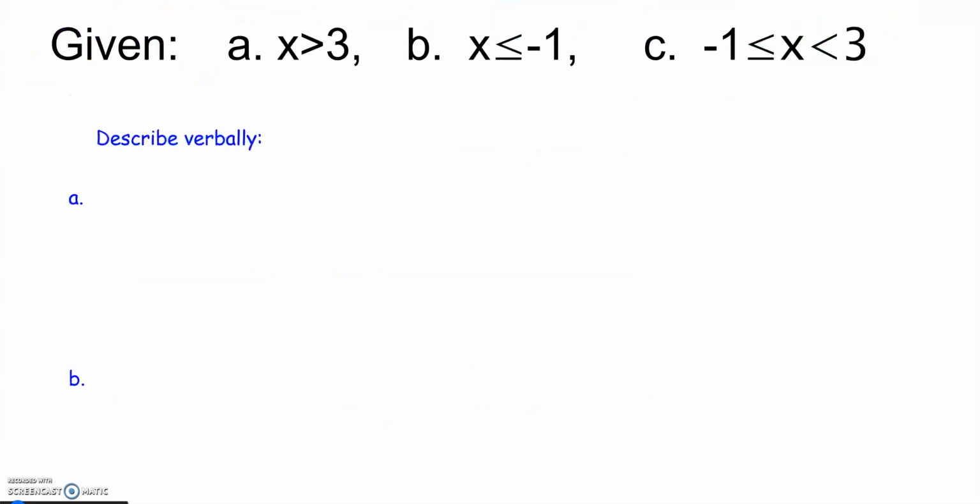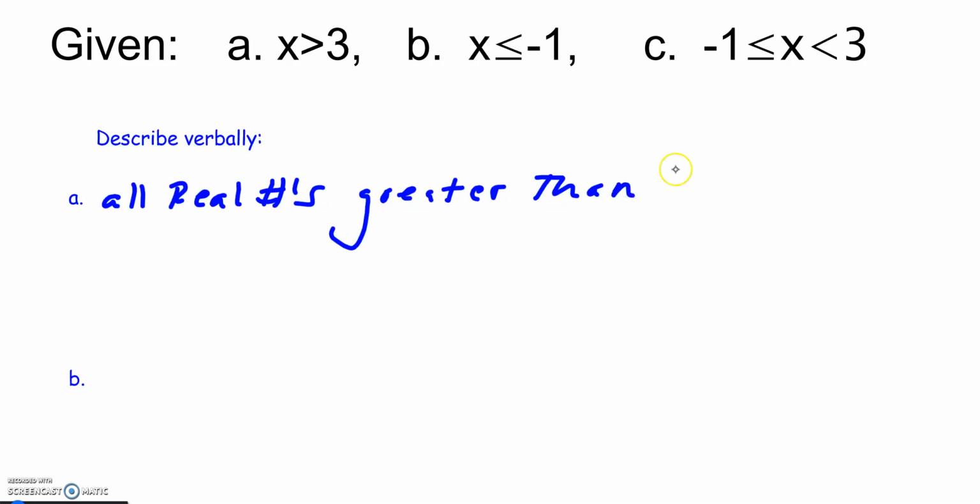Now below it asks these same three situations to be described verbally. If I were to describe part A verbally, I would say this means all real numbers greater than 3, and if you want to be even more clear, you could even write a note, not including 3.